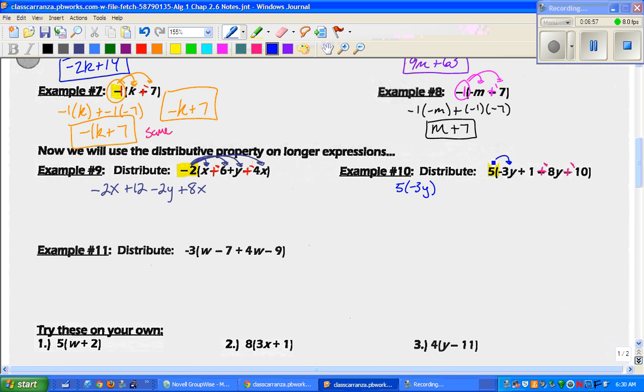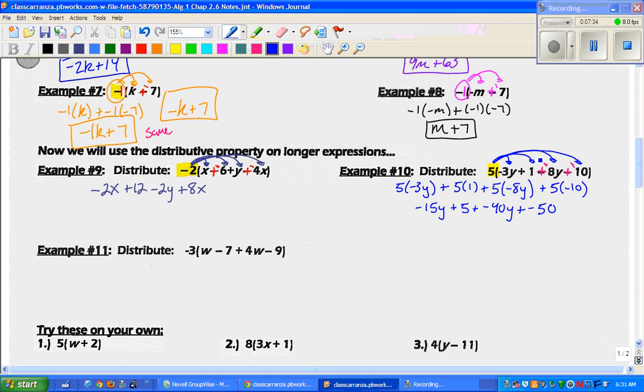We got 5 times -3 plus 5 times 1 plus 5 times -8y plus 5 times -10, and then you just multiply everything out. And that's your final answer.